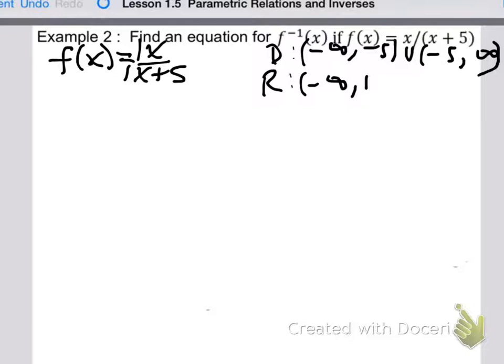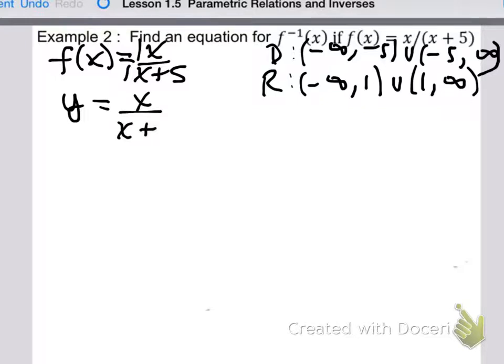So my range is going to be from negative infinity to 1, and then from 1 to positive infinity. Once I've stated the domain and the range, I've written down what my problem was. I'm now going to write y equals x divided by x plus 5.